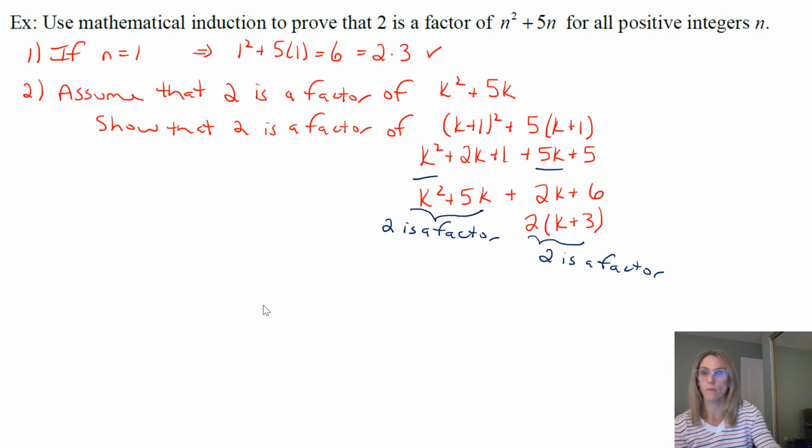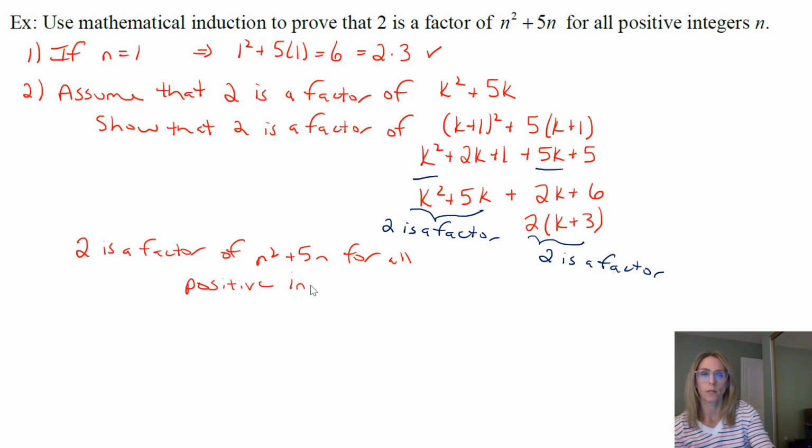Okay. So now that we have that, we can now say that 2 is a factor of n squared plus 5n for all positive integers n.